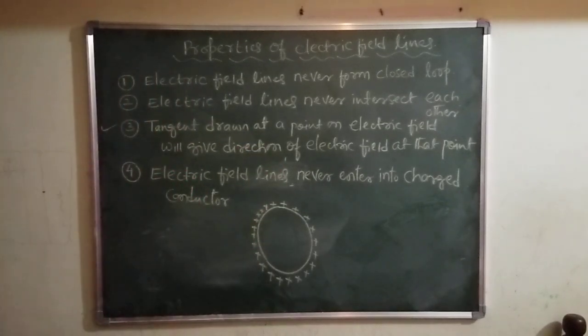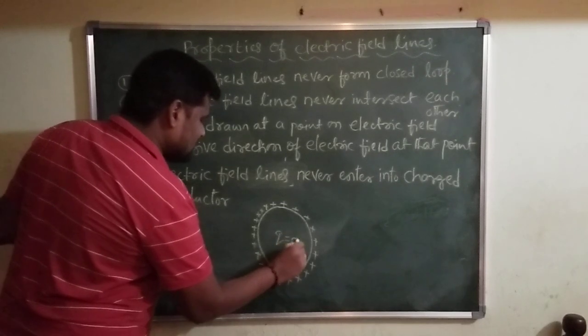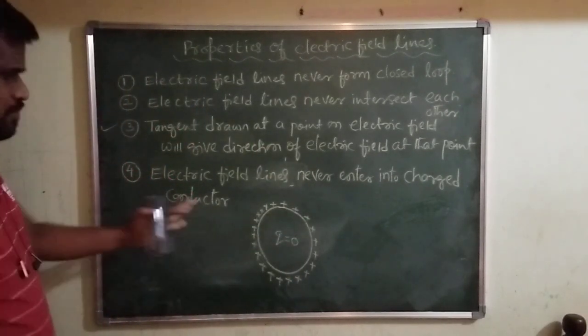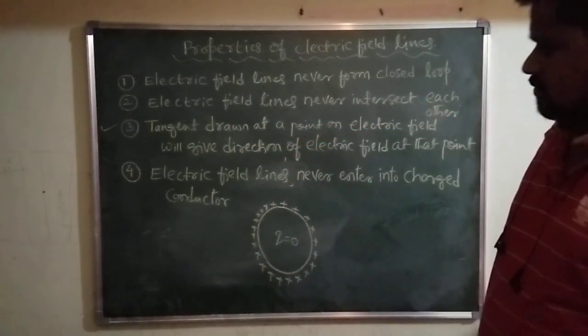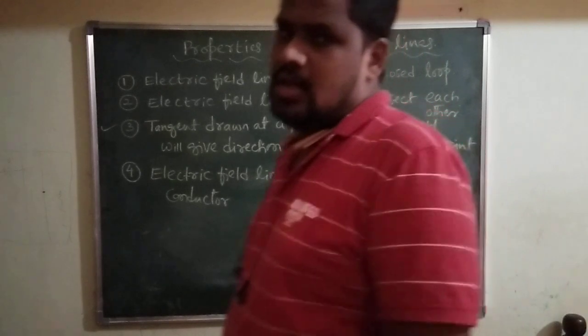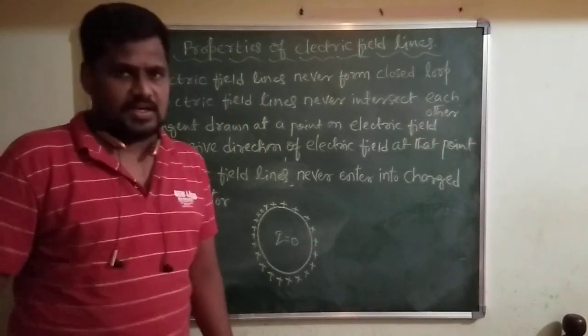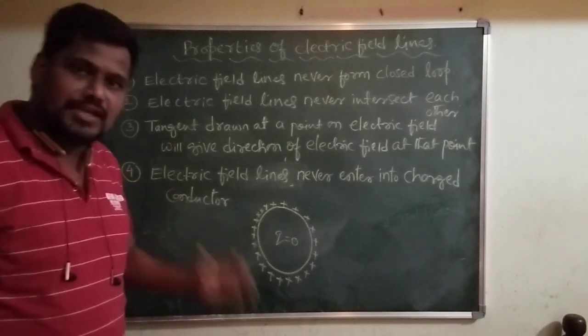Unfortunately, net charge inside the conductor is zero. This is the important property of charging a conductor. When you have charged a conductor, charges reside on the outer surface of the conductor. Net charge inside the conductor is zero.